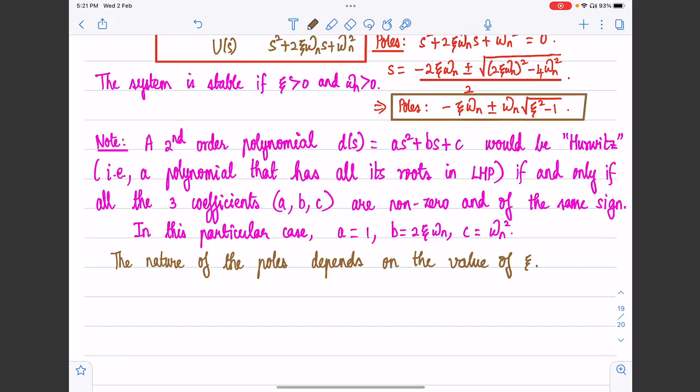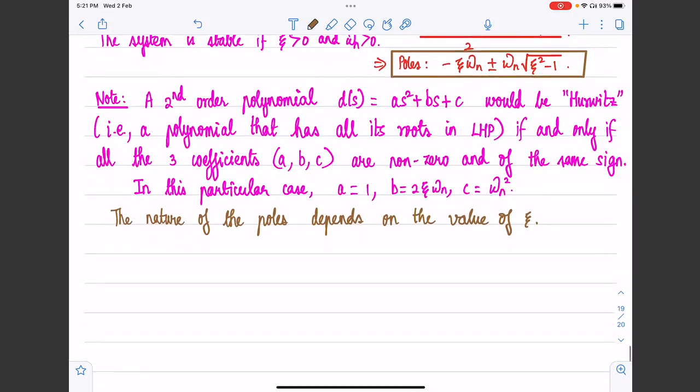Now one can observe that in the second term of this pole, we have a square root of zeta squared minus 1. So depending on the range of values of zeta, we are essentially going to have different types of responses.